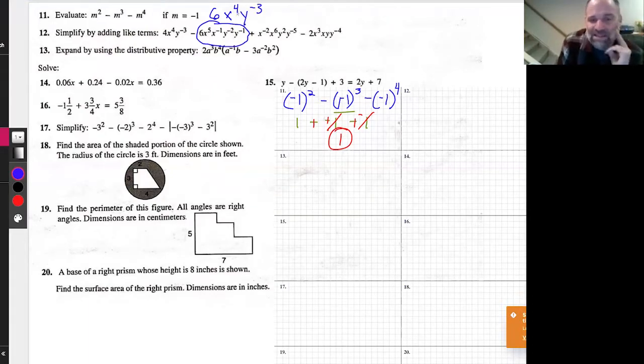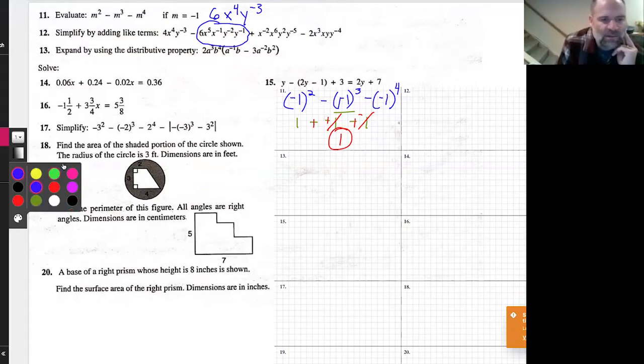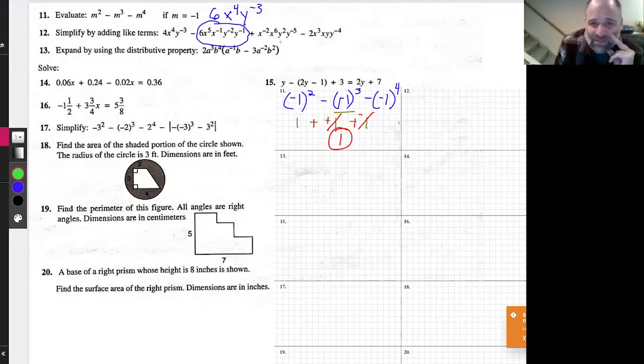And then add the y's together and you get y to the negative third. So far, that's the same term as the first one. So we have 2 like terms so far, okay? Now look at the next one. You can add the exponents of the x's together and you get x to the fourth. And then add the y exponents and you get y to the negative third.